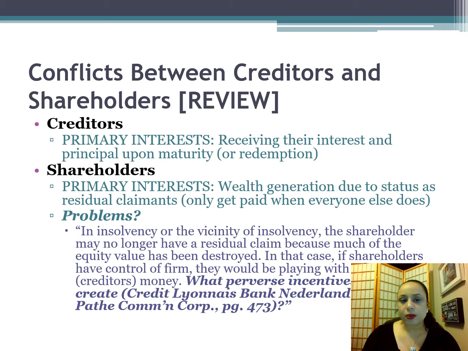We know that the primary interest of creditors is to receive their interest and principal upon maturity, or a redemption, if in fact the issuer exercises a redemption right that would be embedded in the underlying contract. Whereas shareholders, their primary interest is related to wealth generation due to their status as residual claimants.